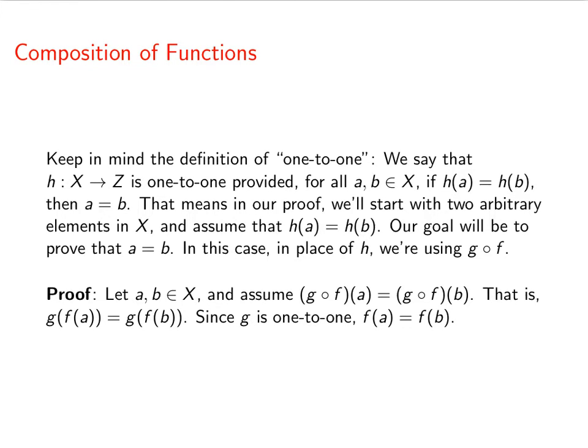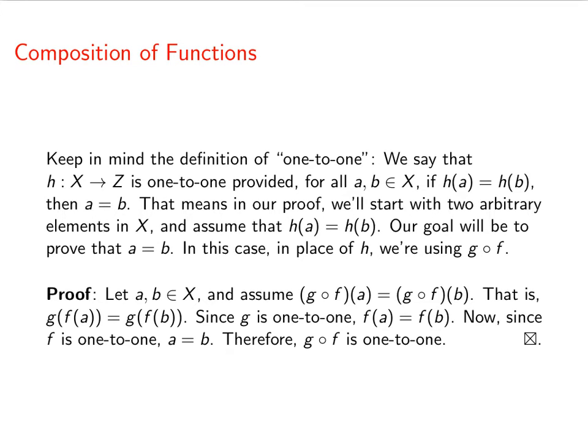Since g is one-to-one, and the output of g is the same, then whatever went into g has to be the same. So that means f of a is equal to f of b. But we also know that f is one-to-one, so we can conclude now that a is equal to b. And that's the end of the proof. Therefore, g circle f is one-to-one. Remember, we wanted this as a conclusion.